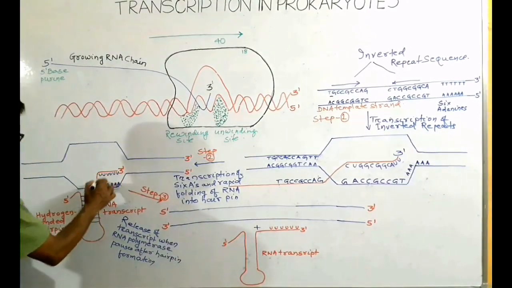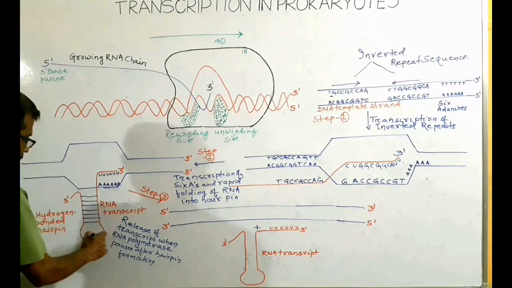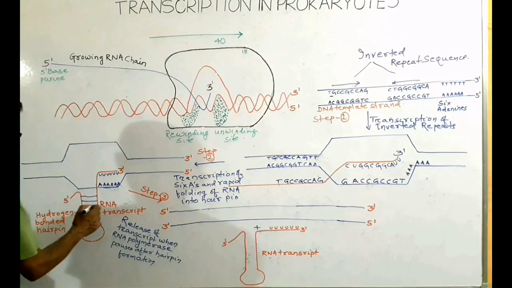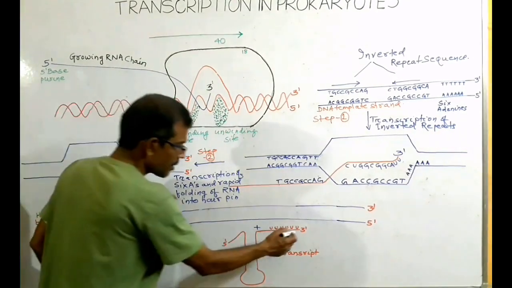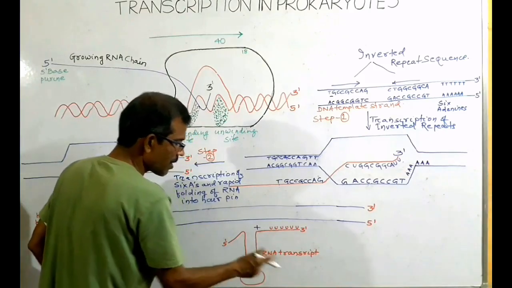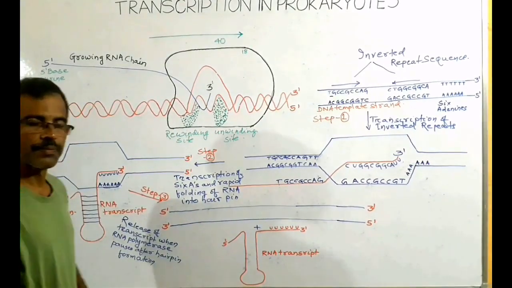So friends, this is the hairpin loop. This hairpin loop has been formed due to base complementarity, and in the last step, this is the hairpin that has been released. So due to this, termination occurs.